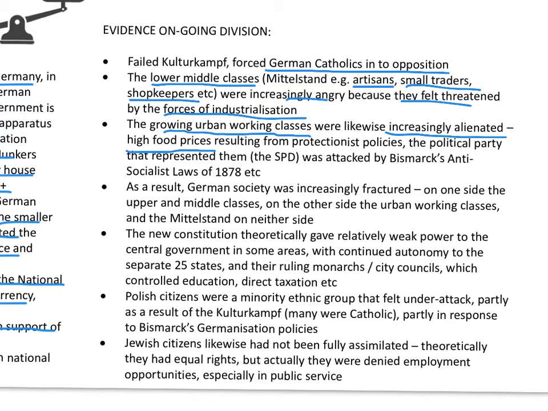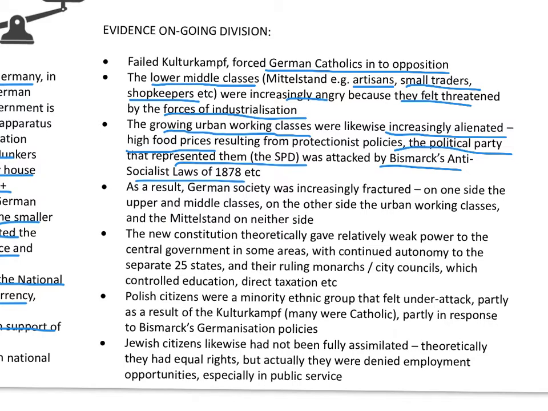And of course, Bismarck's anti-socialist laws of 1878 attacked the political party that represented them, the SPD, and it attacked the trade unions, etc. So the urban working classes were a bit like the Catholics, forced into a position of opposition.